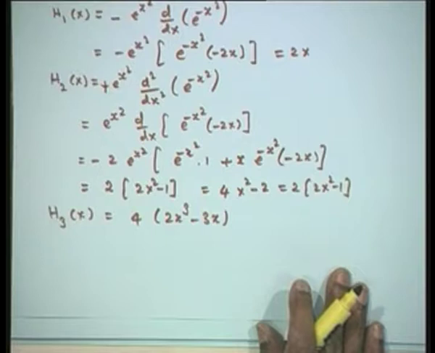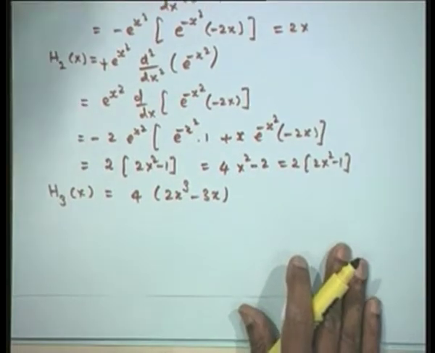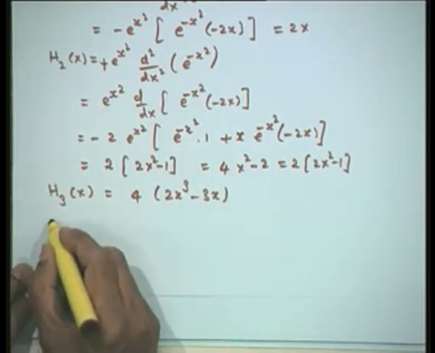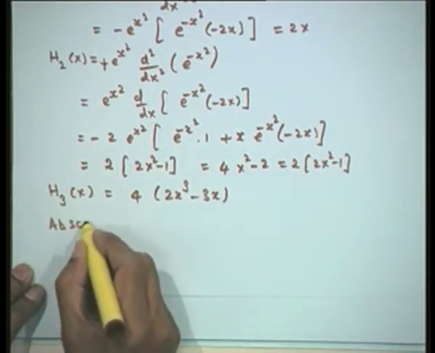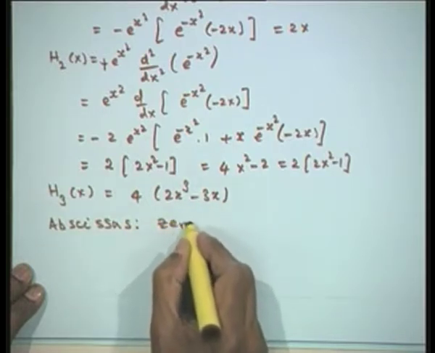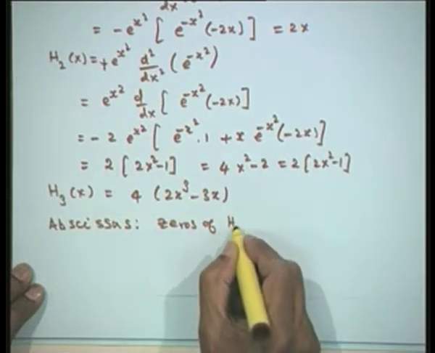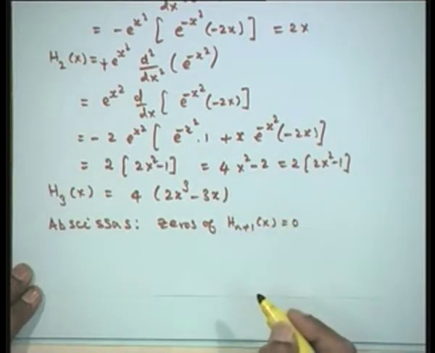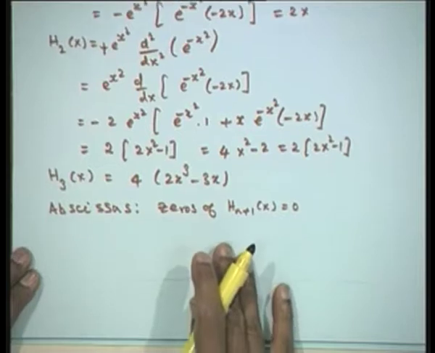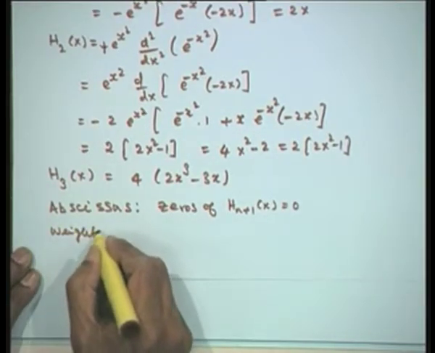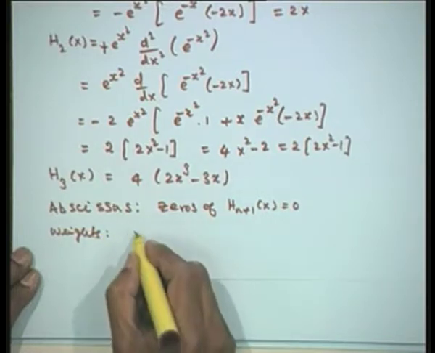Now, once we write down these Hermite polynomials, let us now write down what are the abscissas in our quadrature rule. The abscissas are zeros of h n plus 1 x, that is, h n plus 1 x is equal to 0, and the weights as we have done last time, we use the Lagrange fundamental polynomial form.